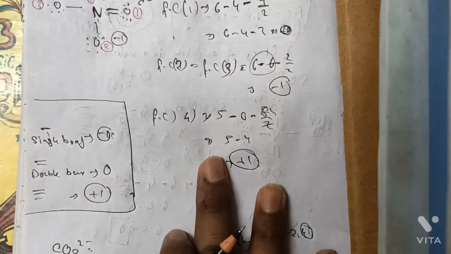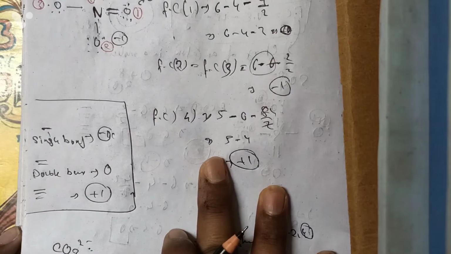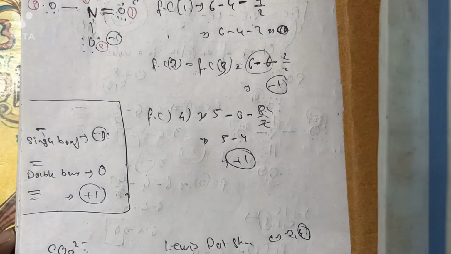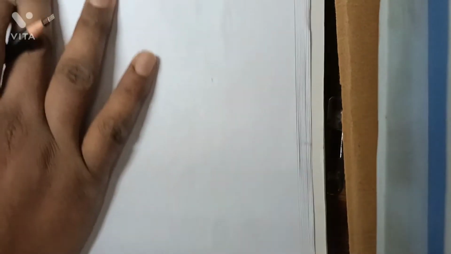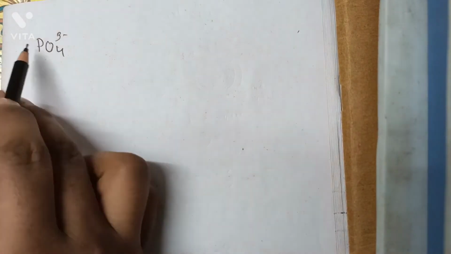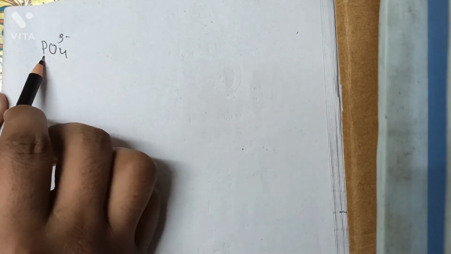Okay, let's practice one more, and then we will conclude this video. It is PO4, the phosphate ion, PO4 3-. By following my trick, you can also find the structure. How? The central atom is phosphorus. The 3- charge, in which atom is it present?